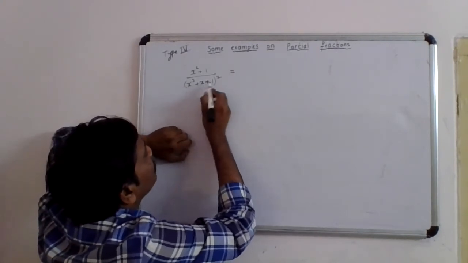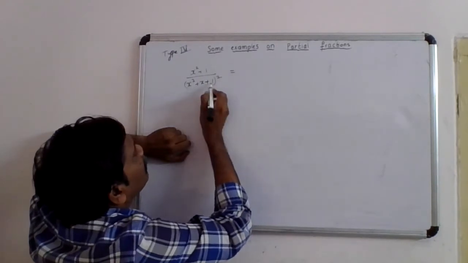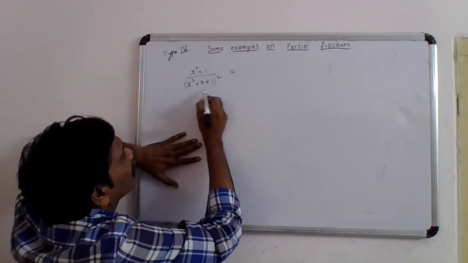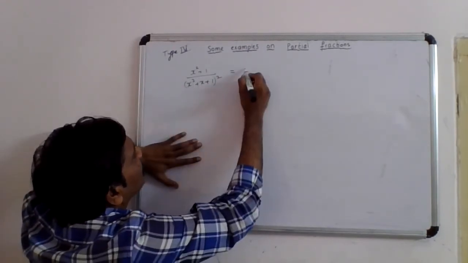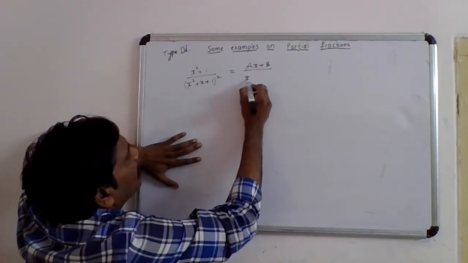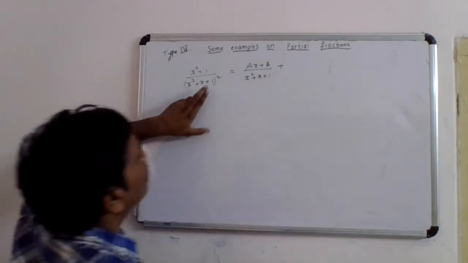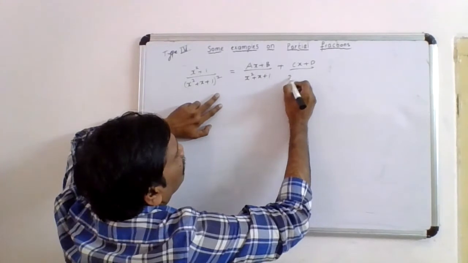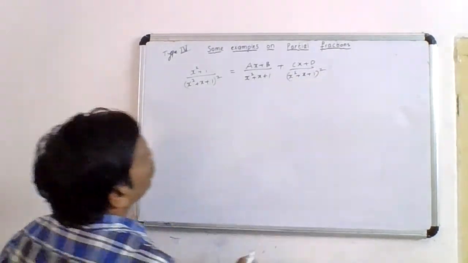For a non-linear factor, I have to write a general expression whose degree is less than this expression, that is a first degree general expression: ax plus b by x square plus x plus 1, plus, again this is repeated, for that I need to write again cx plus d by x square plus x plus 1 whole square.